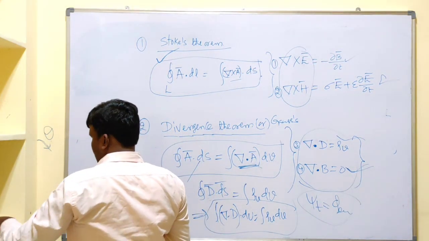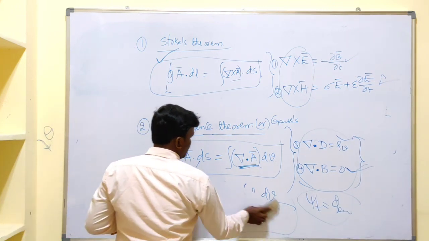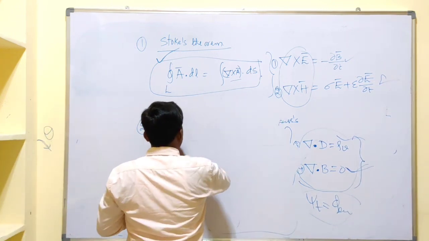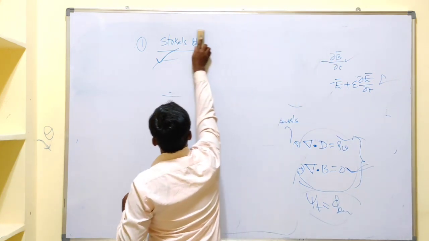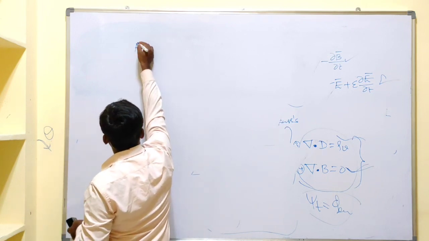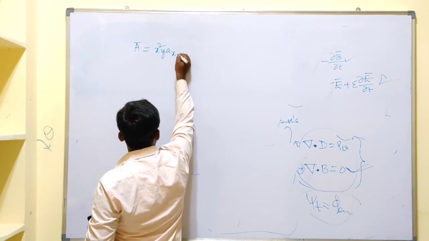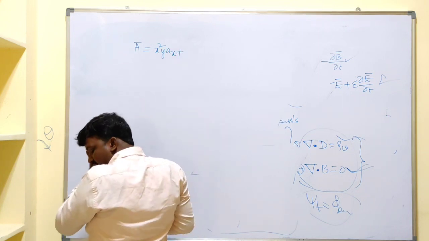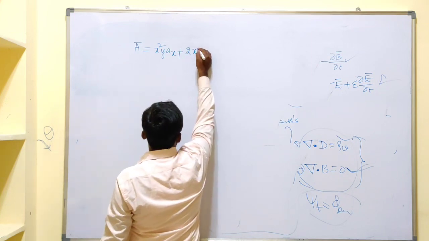Let us say a vector A is given as A equal to x square y ax plus 2xy square ay.